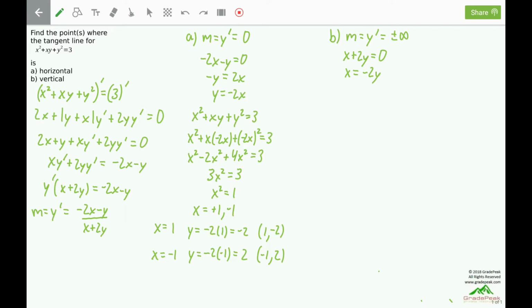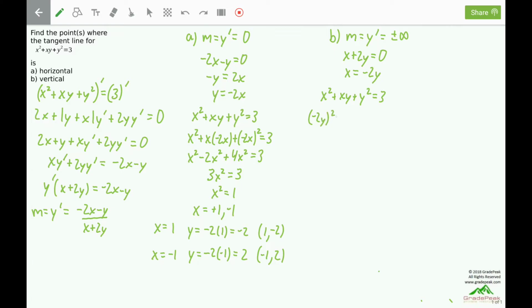Once again, we can take that relation that we just came up with and put it into our original equation to find the points. So we have our original equation, x squared plus xy plus y squared equals 3, plugging a negative 2y in for each of the x's.